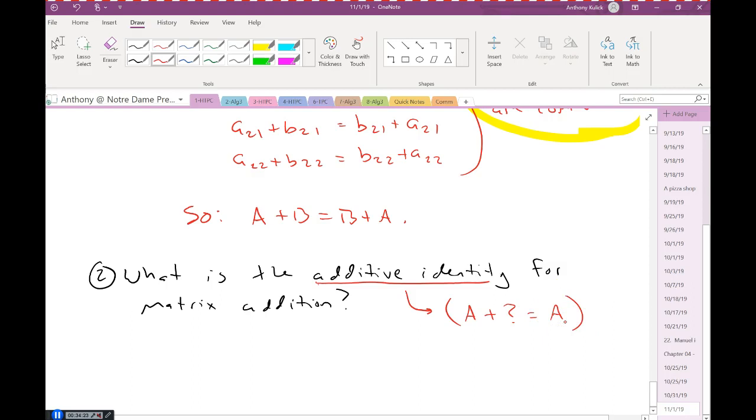I want to know what I can add to matrix A so that I just get matrix A again. Okay, so that's what we mean by an additive identity, it maintains the identity of whatever you're adding to it. It doesn't change it at all.